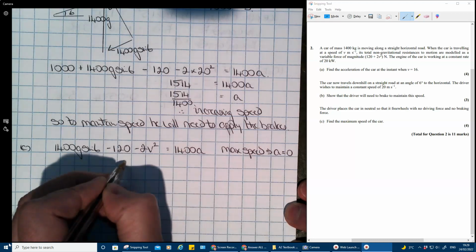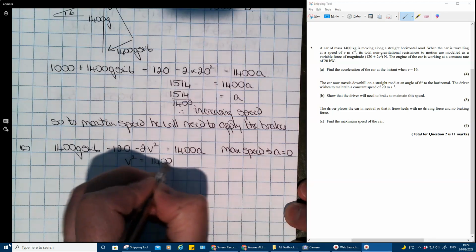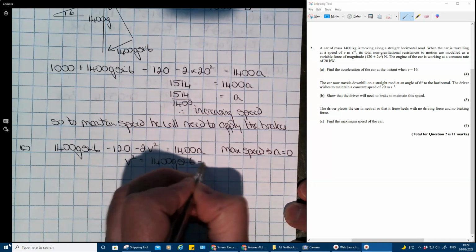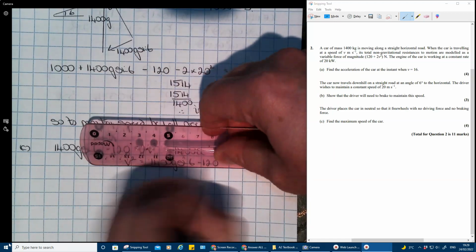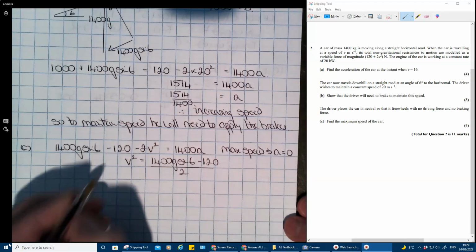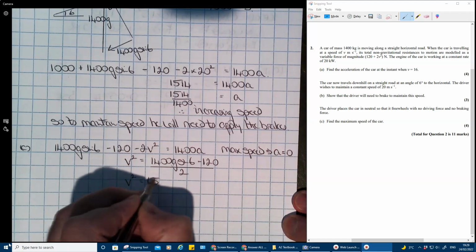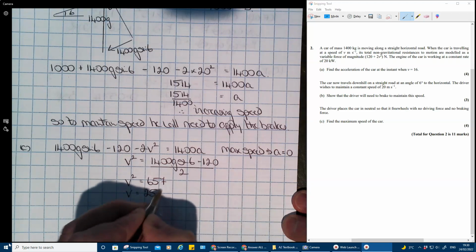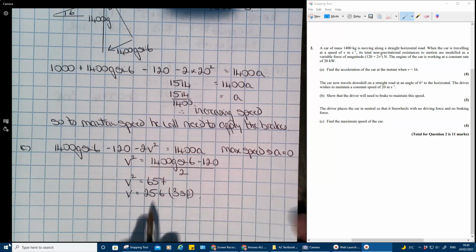We end up with 2v squared is 1400 g sine 6 take off 120. Because we've got 2v squared, we divide it by 2, giving v squared equals 657. And v is 25.6 to 3 s.f. So that's the maximum speed.